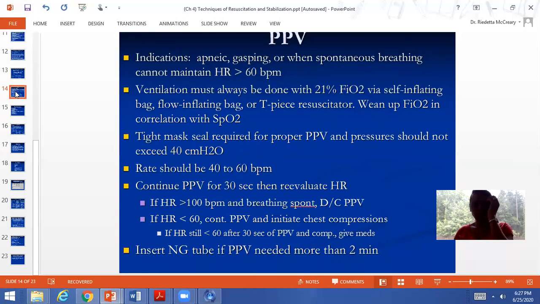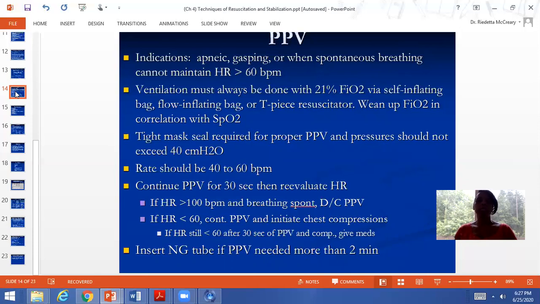All right, positive pressure ventilation. This is going to go a little deeper into when to do it, when is it indicated, how do you do it, and so on and so forth. So indications. Most typically it's because of respiratory effort, whether the baby is apneic or gasping, that is showing poor effort, obviously.